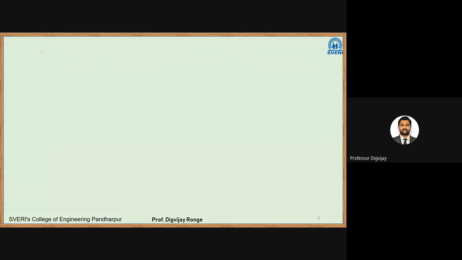Okay, so in the previous slide, what we have got is COP is equal to T4 divided by T3 minus T4.